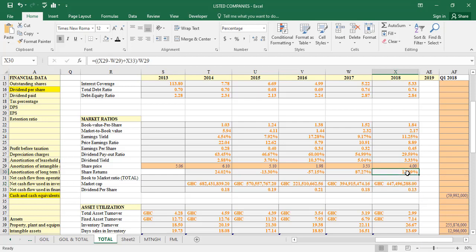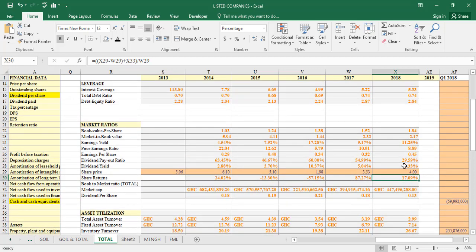Now we are seeing the share returns. From 2017 through to July 2018, we are seeing a share return of 17.09%. We are also seeing a dividend yield of 3.33%, that is up from the previous amount.